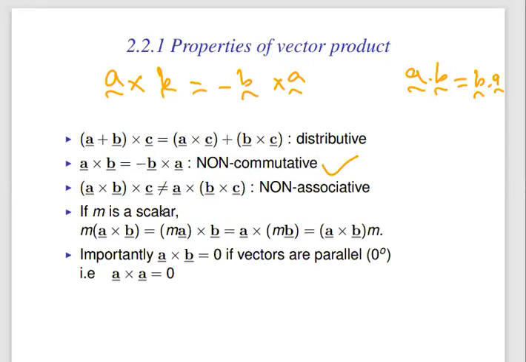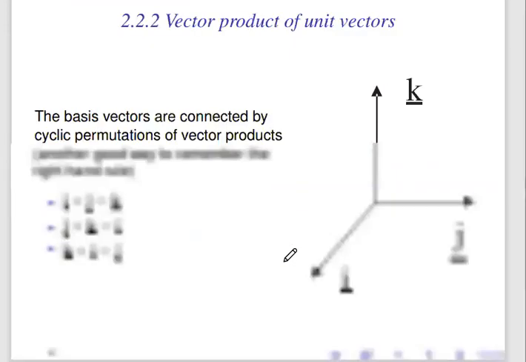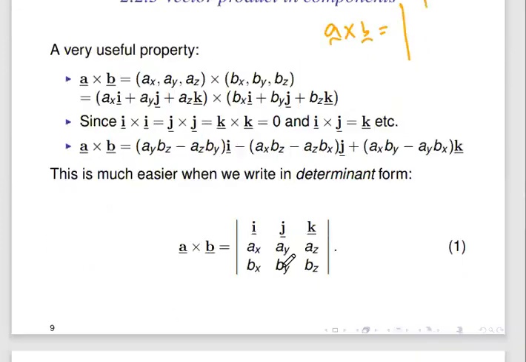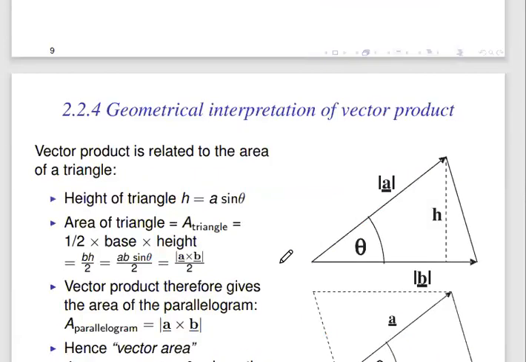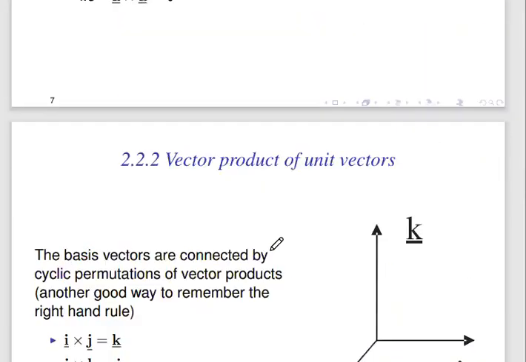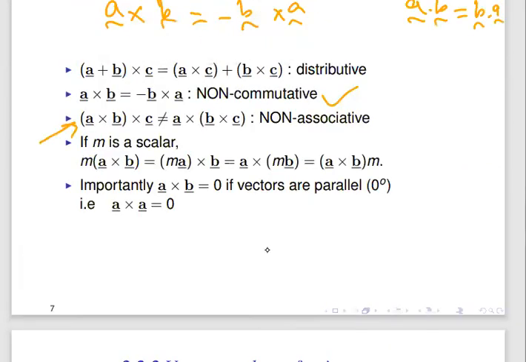This is not true, and you will see that when we talk about the vector triple product. You will understand that this result is different from this one. It is non-associative.